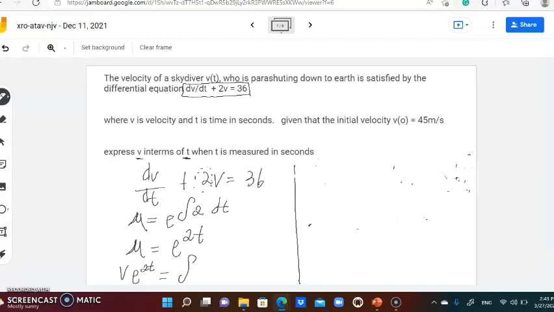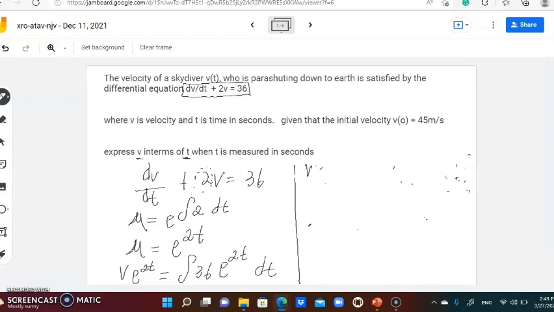of 36, which is my q of t, my function q of t, times my integrating factor e to the 2t dt. So I'm going to solve this for my function v with, of course, respect to t.